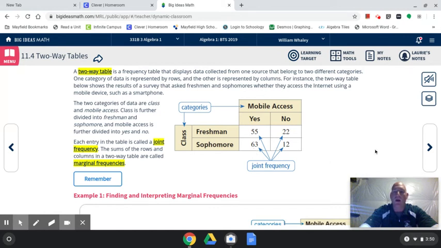If I want to know how many freshmen were surveyed, it'd be 55 plus 22. If I want to know how many sophomores were surveyed, 63 plus 12. How many people said no regardless of class, 22 plus 12. So the joint is like each individual square. The margin is when you add them up in a row or column. Remember, rows go horizontal, columns go vertically.